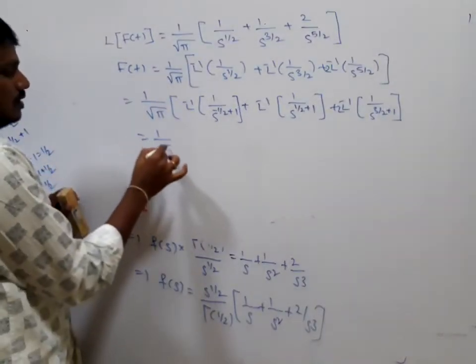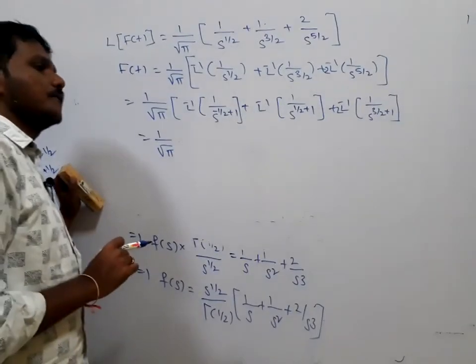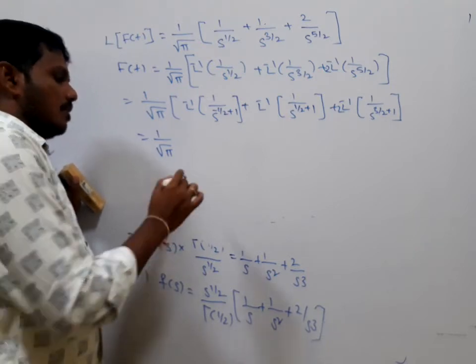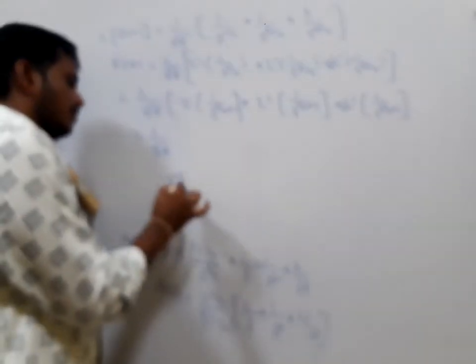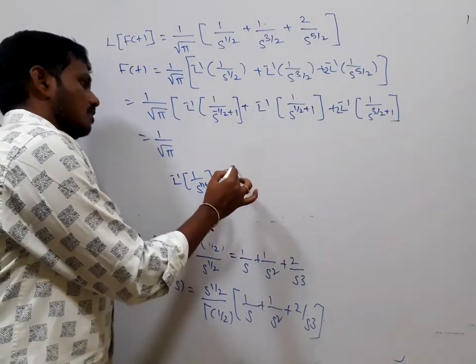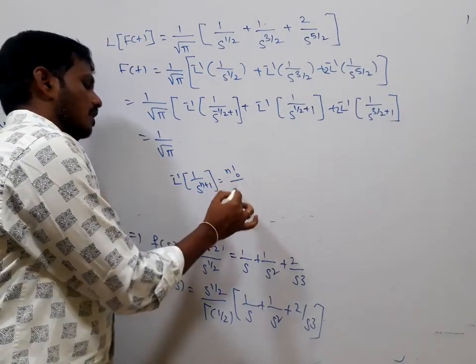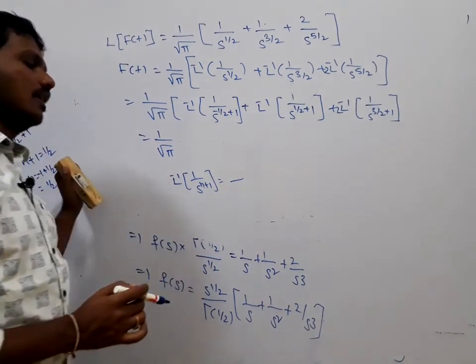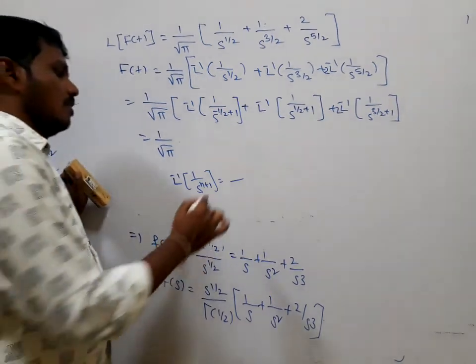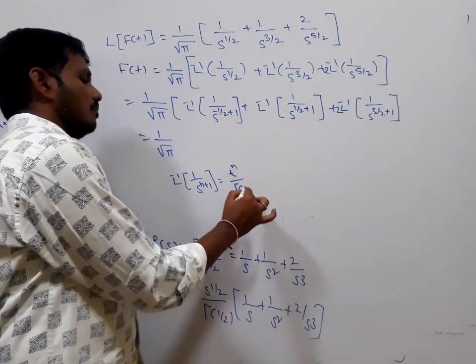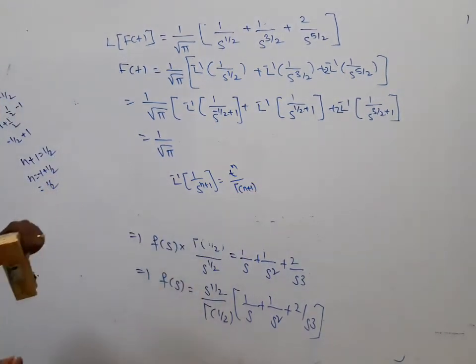So 1 by root pi. Yes, n being a real number, we have s to the power of n plus 1. L inverse of 1 by s to the power of n plus 1 is equal to, not factorial, we get t to the power of n divided by gamma of n plus 1, right?